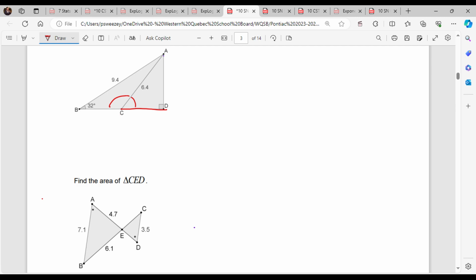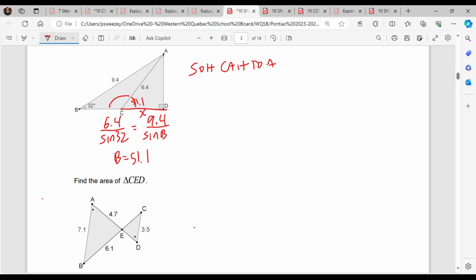In fact, we know that if I run together 6.4 over sine 32 and 9.4 over sine B, this is actually going to give me the acute angle no matter what. The answer it gives me, 51.1, is going to be that angle right there. Now I can just use SOHCAHTOA and realize that I'm looking for the adjacent.